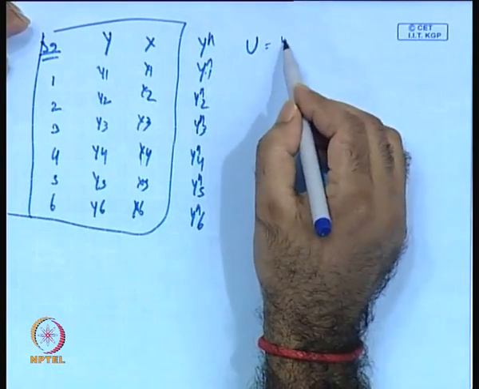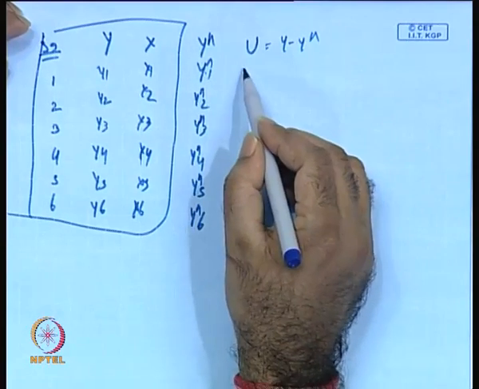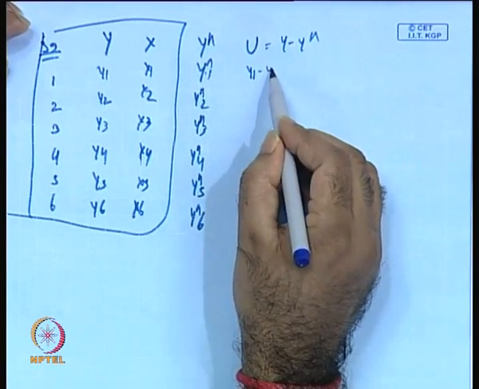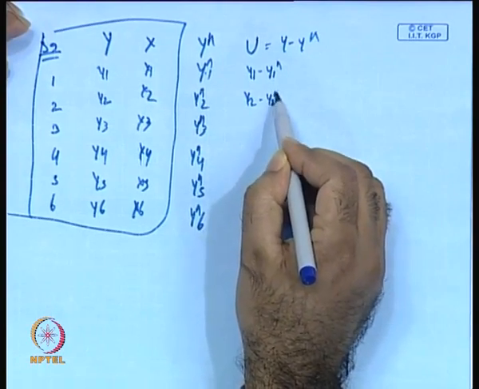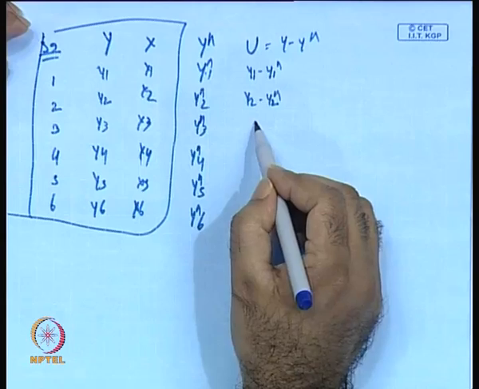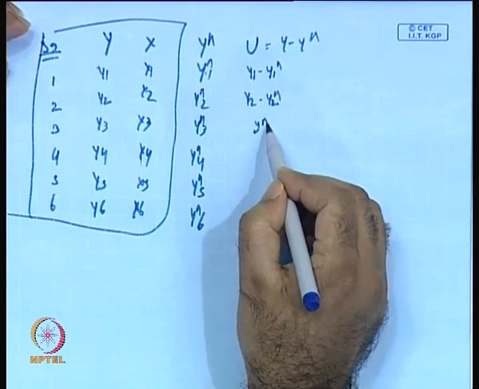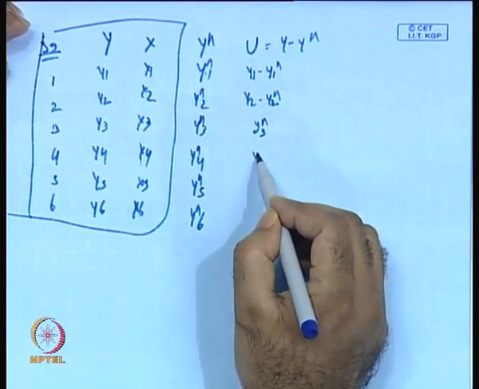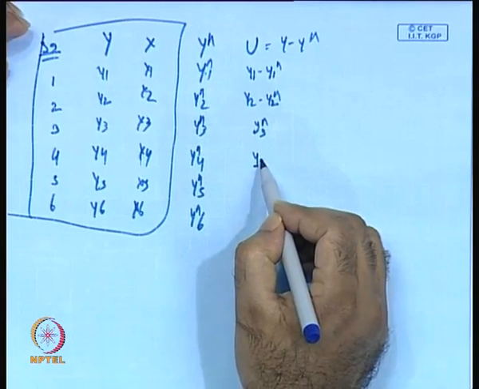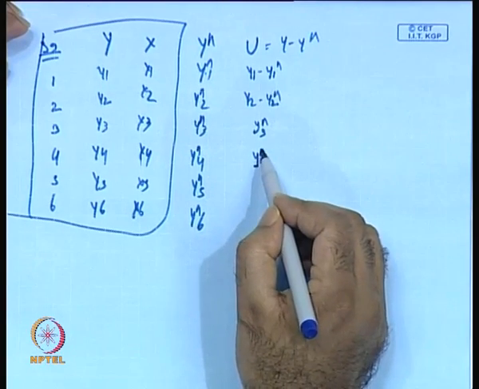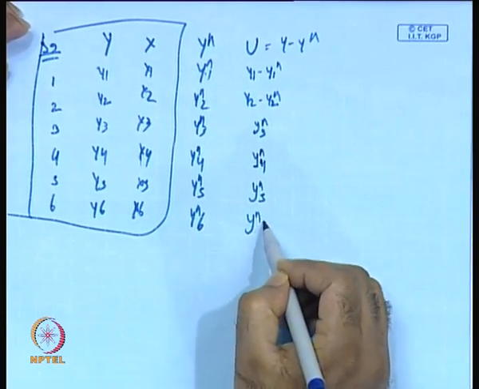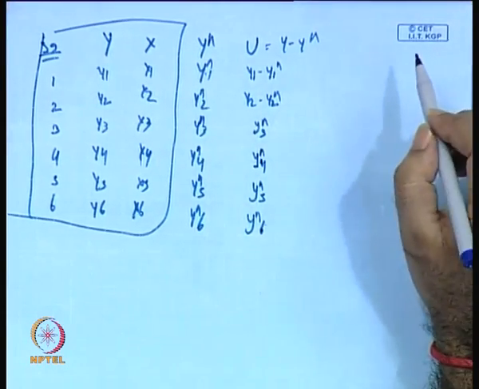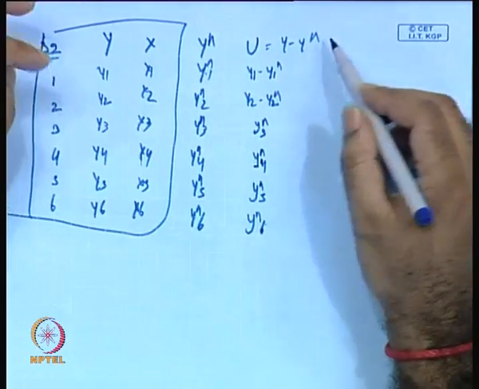So u equals y minus y head. That means it is y1 minus y1 head, then y2 minus y2 head, and similarly y3 minus y3 head, y4 minus y4 head, y5 minus y5 head, y6 minus y6 head. We are calling this y minus y head.